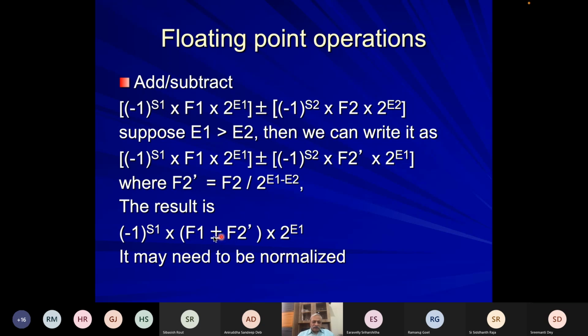Or if the difference falls between 0.25 and 0.5, then you can multiply it by 4, that is, shift left by 2 positions, and subtract 2 from the exponent. So some adjustment can be done, but if the result is too large or too small, you may not be able to normalize, and you have to declare overflow or underflow.